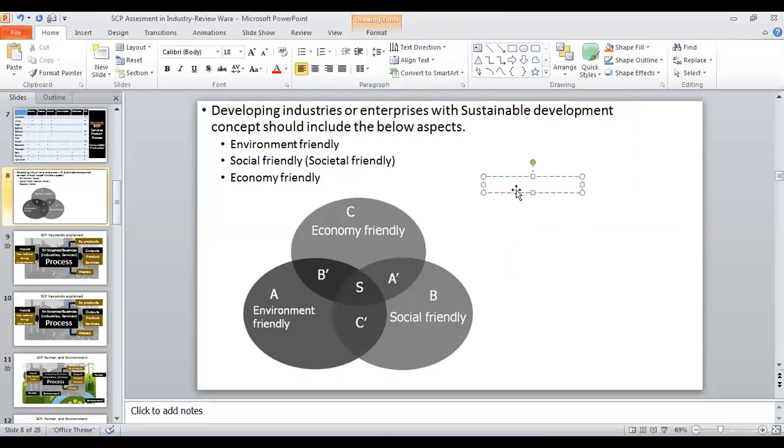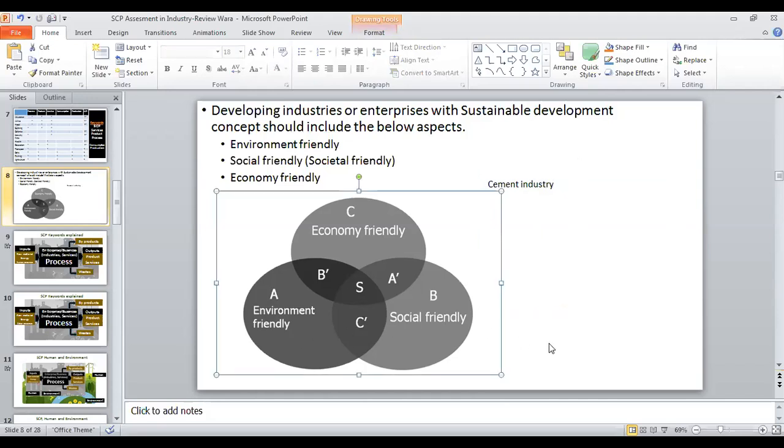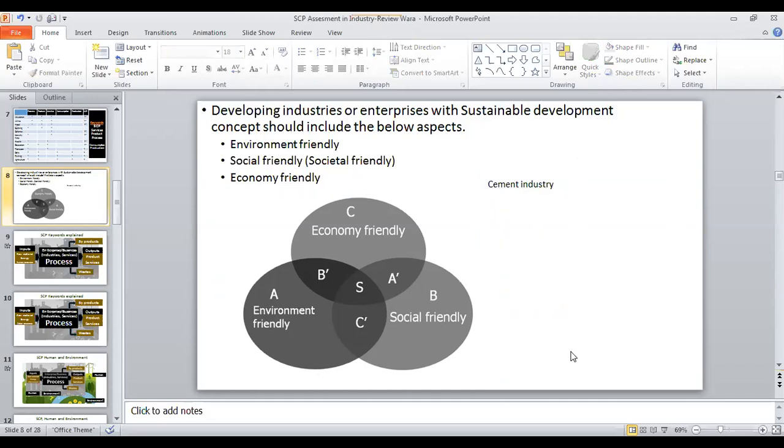Let's say cement industry. Yes. So how can you see the cement industry? Is this environmentally friendly?